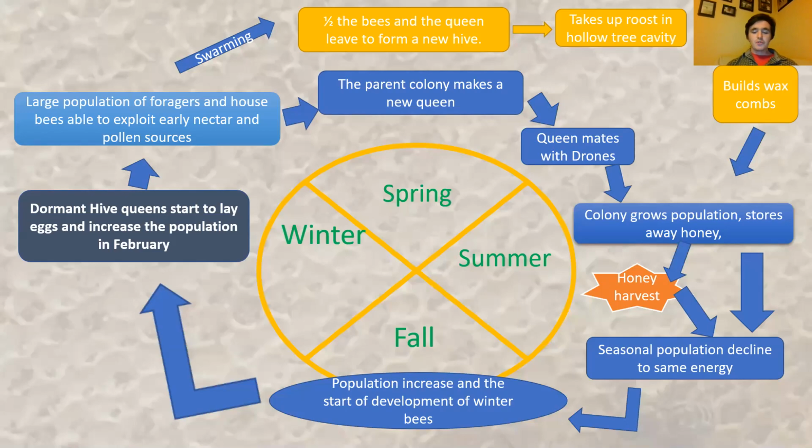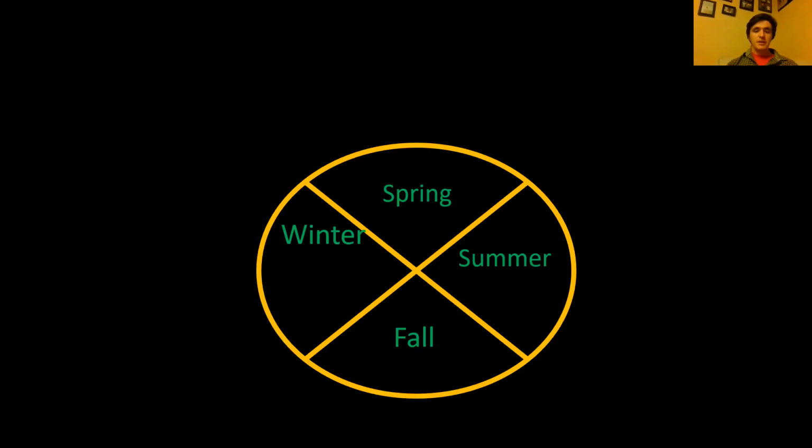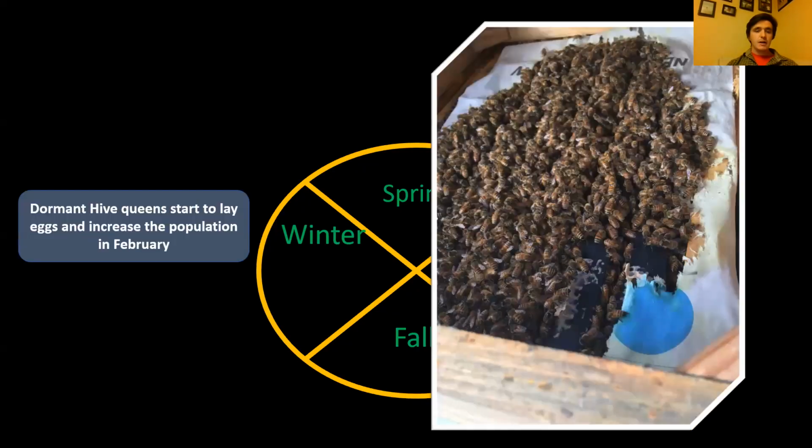Starting with the winter, right now in February, the bees are dormant in a cluster, as you see here, of about 20,000 to 30,000 bees. That cluster is 95 degrees at its center.